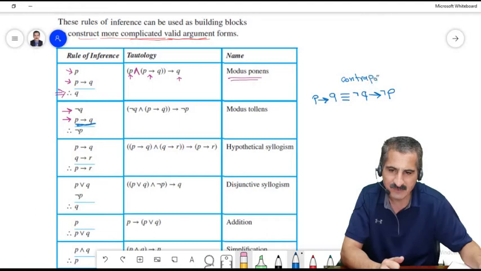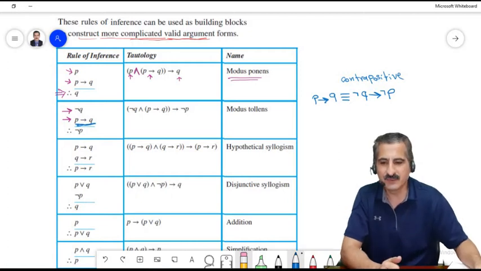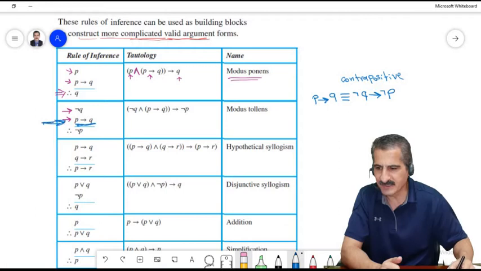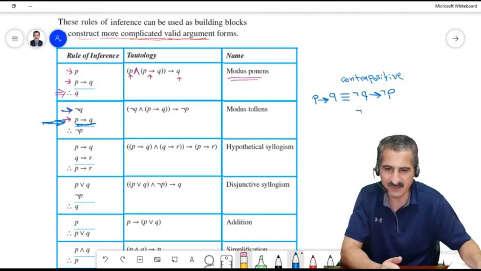And you should know what that means. Good. So we will replace this P gives Q with this statement. And now we already have not Q.